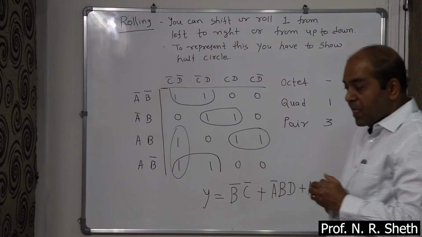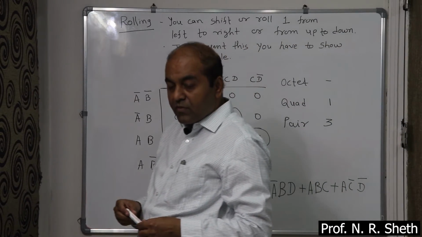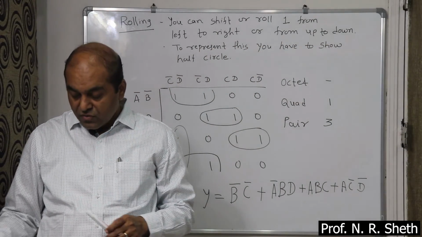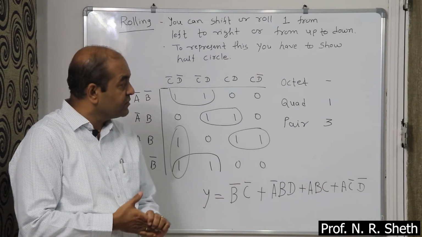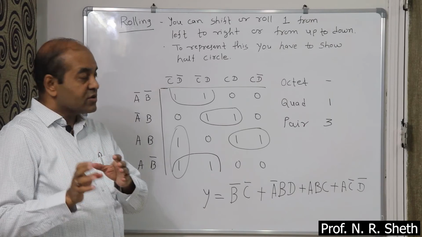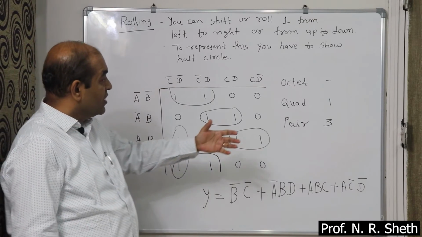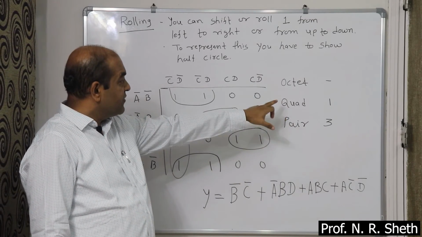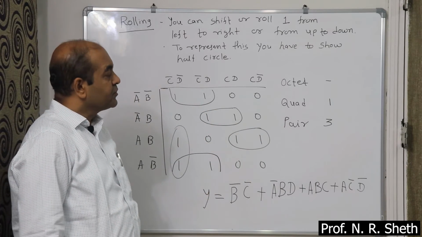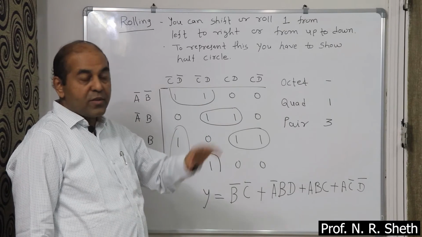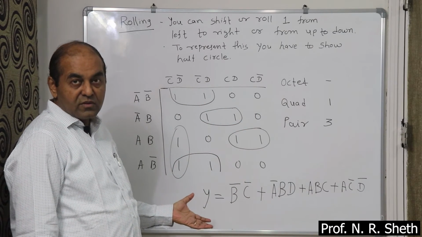Okay. So in this way, you have to think of different combinations, but your goal is to prepare the largest group. Suppose if in this figure 2 quad and 2 pair were there, then that answer is more appropriate than this one.